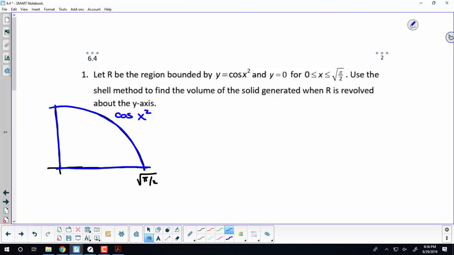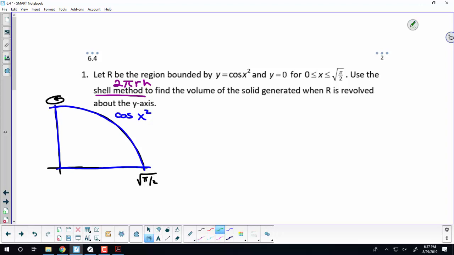So we're going to take that region and revolve it around the y-axis, and it says use the shell method. Just make sure that you're paying attention to the method that's specified. For the shell method, we have 2 pi times the radius times the height. So we need the radius and the height in terms of x or y.